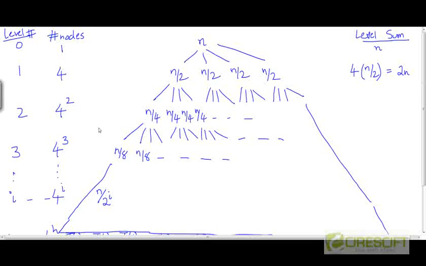The level sum at level 2 will be 16 nodes, 4 square nodes, each with a cost of n by 4. That's 4n. At level 3, the number of nodes is 4 to the power 3, and the cost of each node is n by 8. So this is 64 divided by 8 times n, which is 8n.